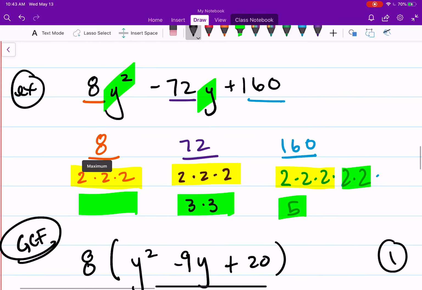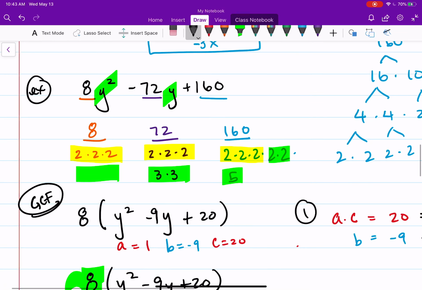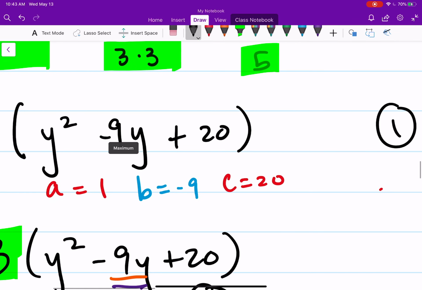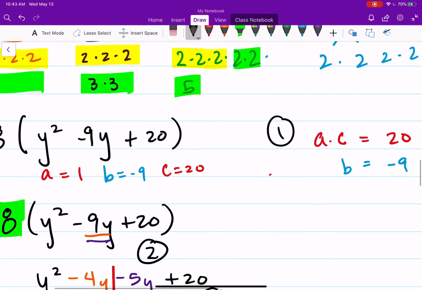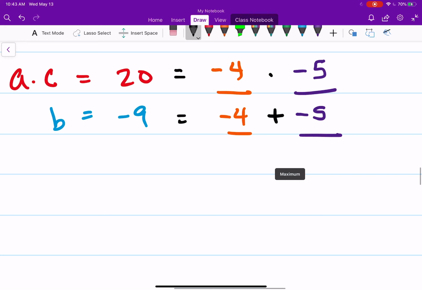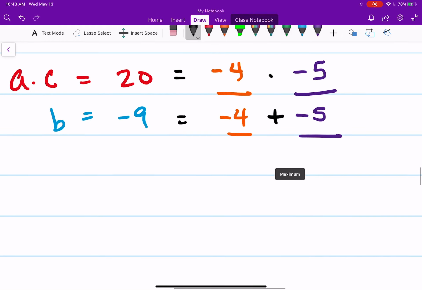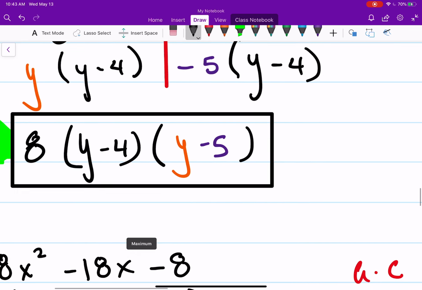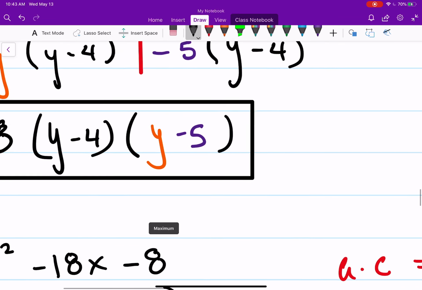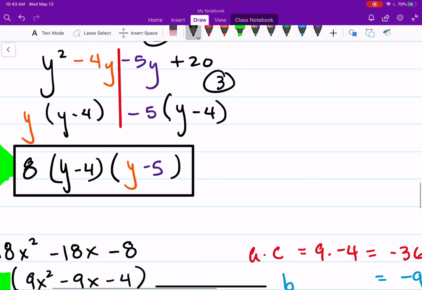A is equal to 8, but when I took out the GCF, a right here in this trinomial is equal to 1. Notice that my two numbers are right there, which is also right there. Everybody see that?